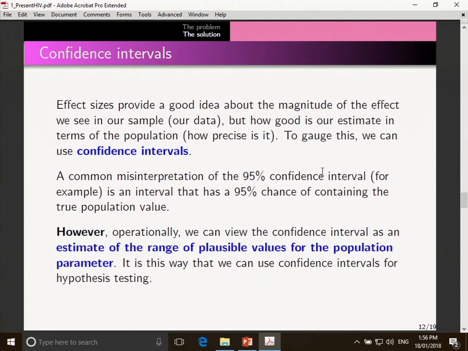And I think what we can do is provide a simplified statement. Operationally, we can view the confidence interval as an estimate of a range of plausible values for our population effect size, okay? So a viable range for our true odds ratio, for example. And it's in this way that we can use confidence intervals for hypothesis testing.